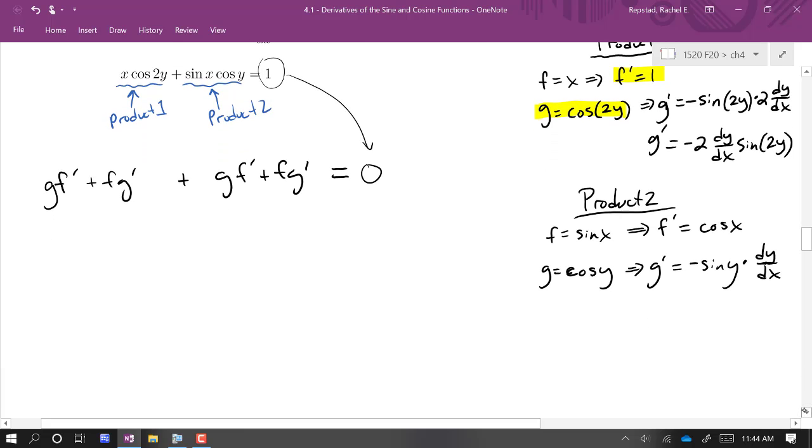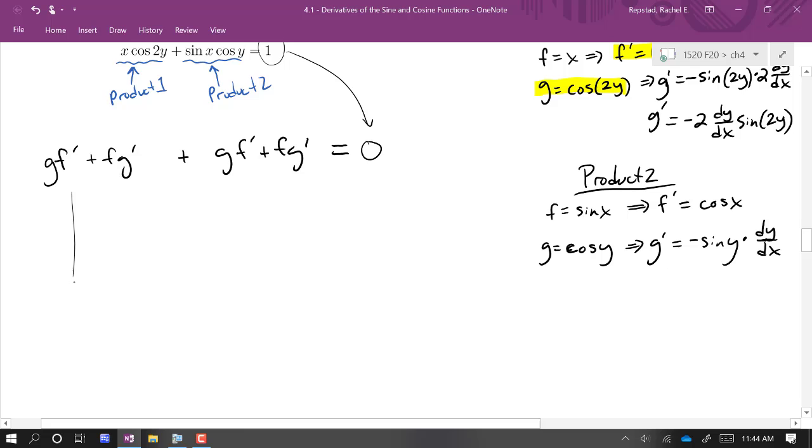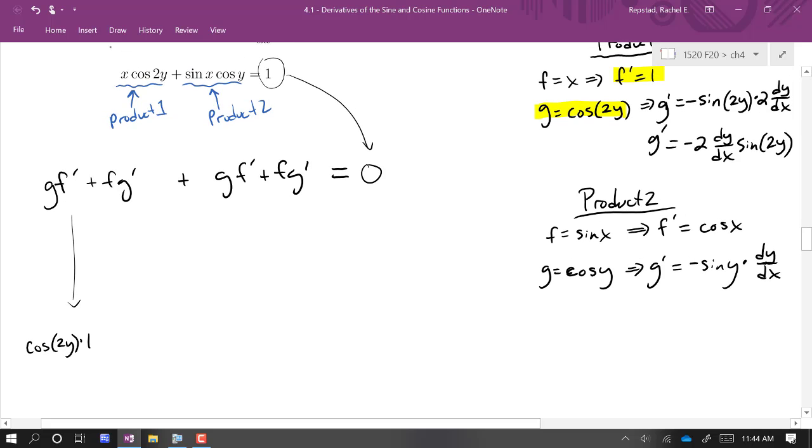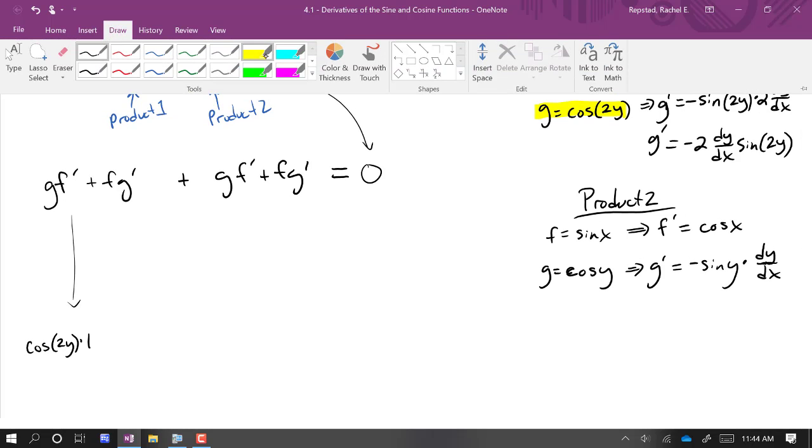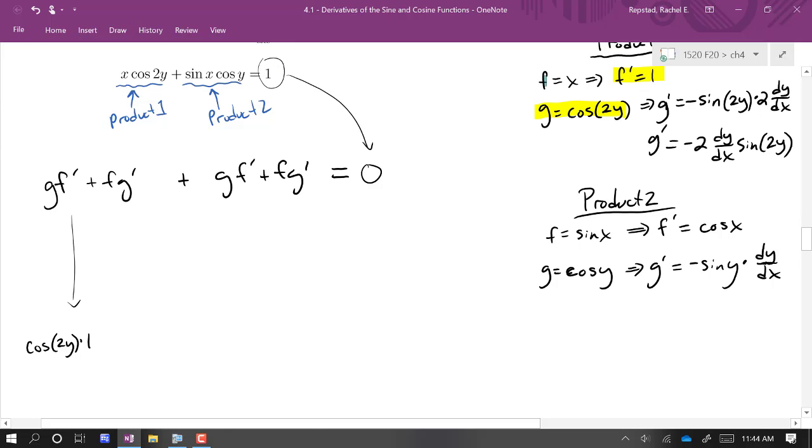So I'm going to move down here so I have a little bit more space. Cosine 2y times 1 plus f times g prime. Oh, sorry. That'll be f, which is x, times negative 2 dy dx sine 2y.